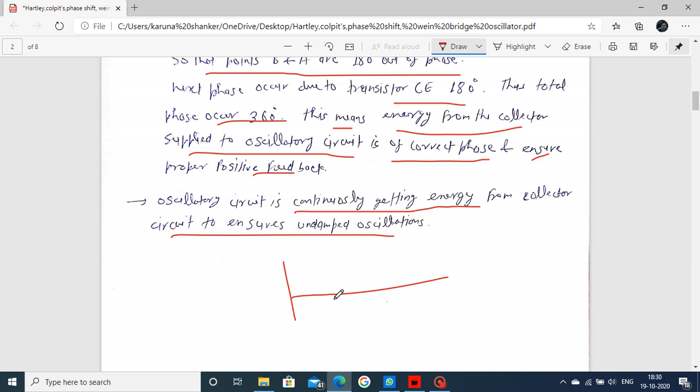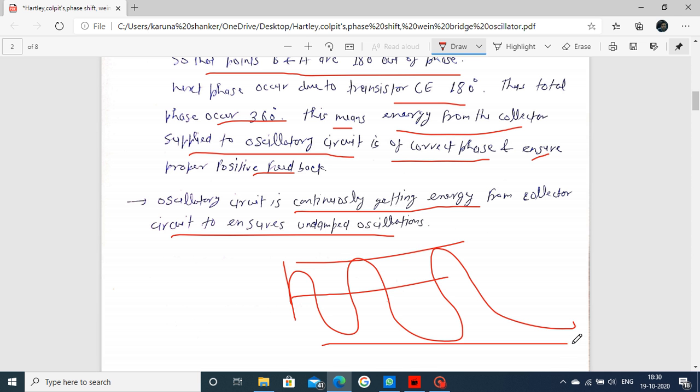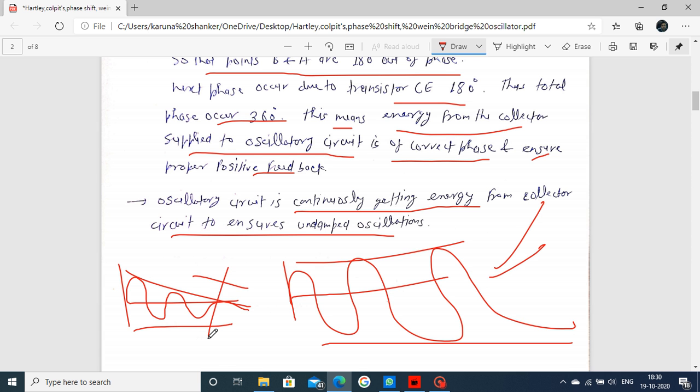Undamped oscillation means the amplitude is constant, like a sine wave with constant amplitude on the positive and negative sides. Damped oscillation means the amplitude decreases with respect to time. This is the damped oscillation, and we do not need such a type of oscillation.